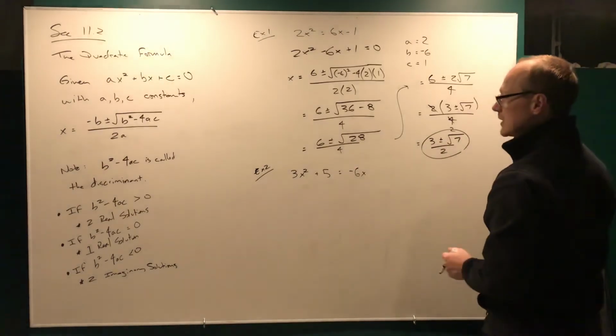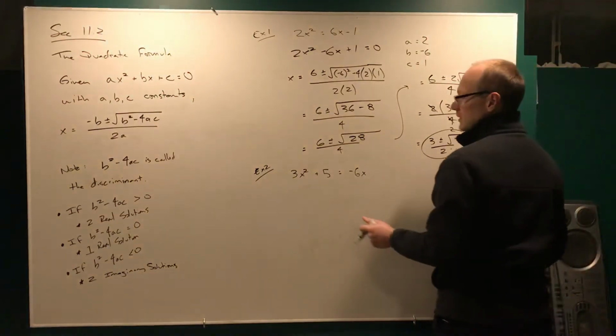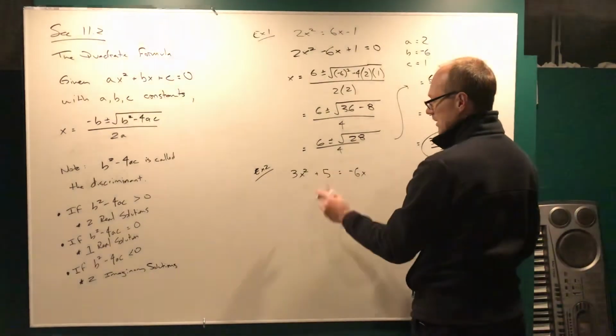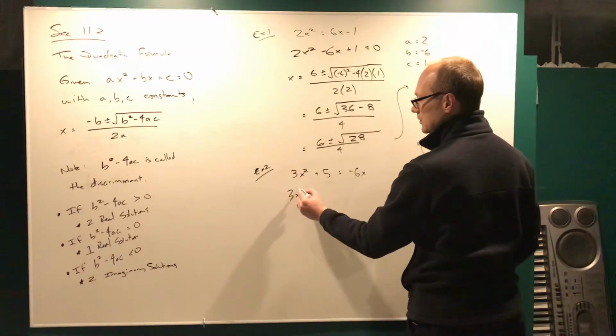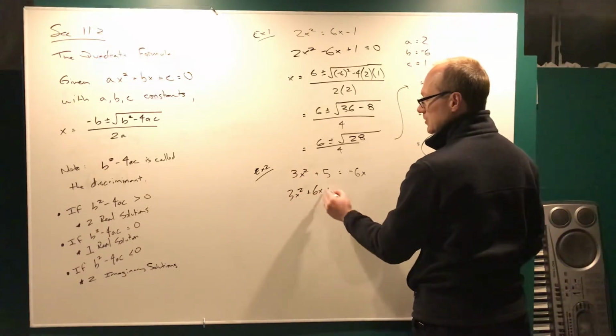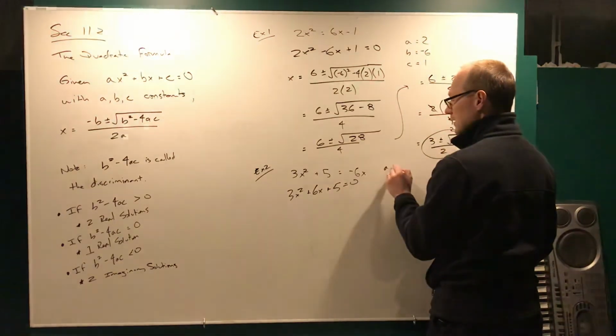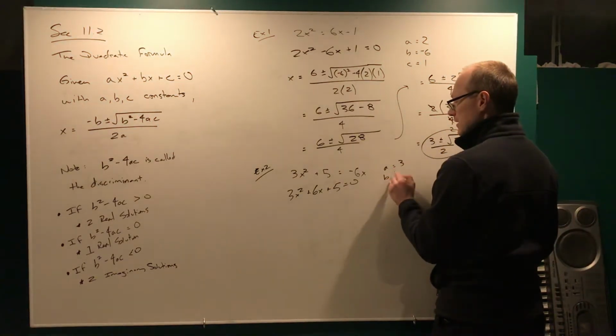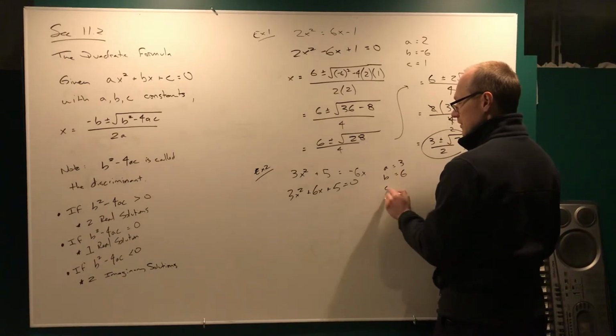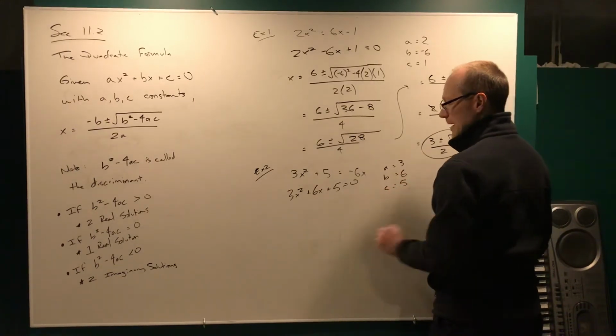Let's do it with this one down here and see if it will look any better. I'm going to add 6x to both sides, so I'll have 3x squared plus 6x plus 5 equals 0, where a equals 3, b equals 6, c equals 5. Everything's positive here.